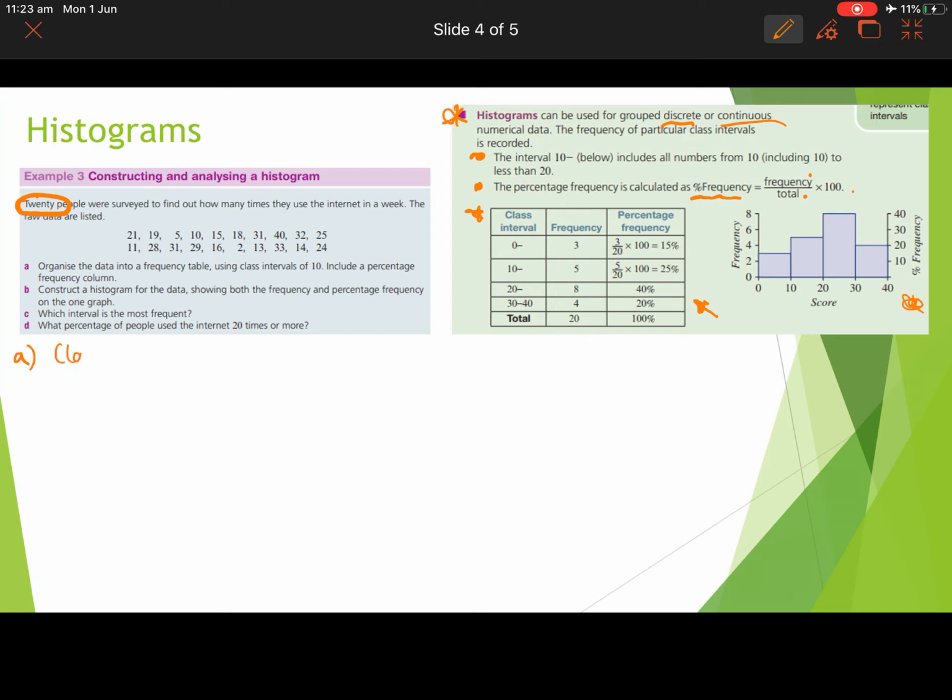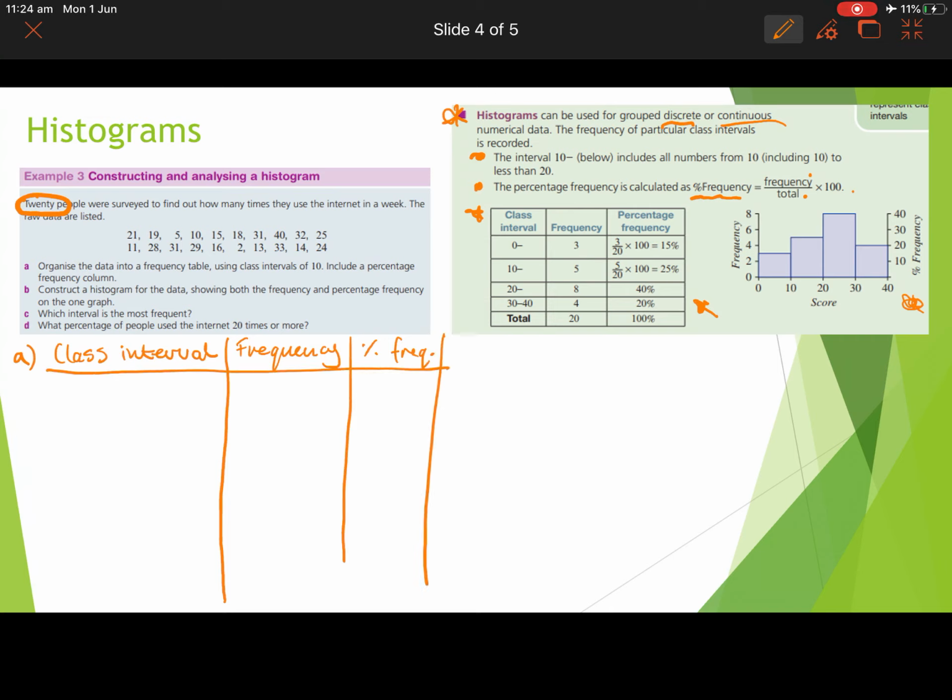Okay, so we've got class interval. We've got frequency. And we've got percentage frequency. I'm just going to do it short like that. If you want, you can put a tally column like that last one if it makes it easier for you. Okay, it says for our class intervals, it wants intervals of 10.